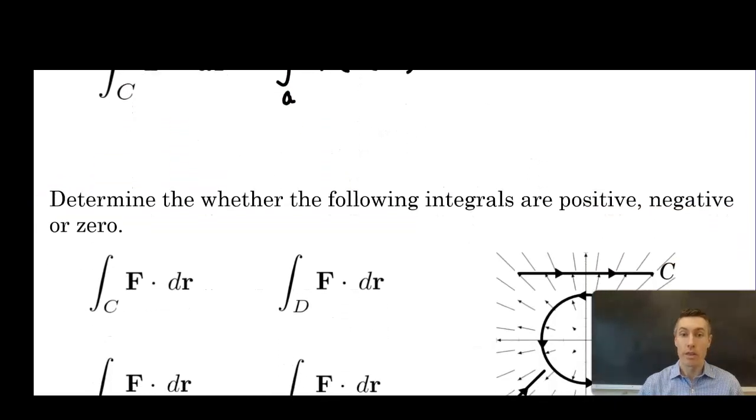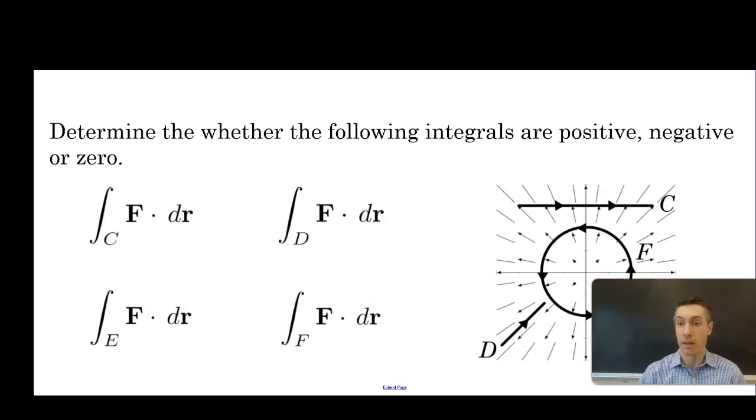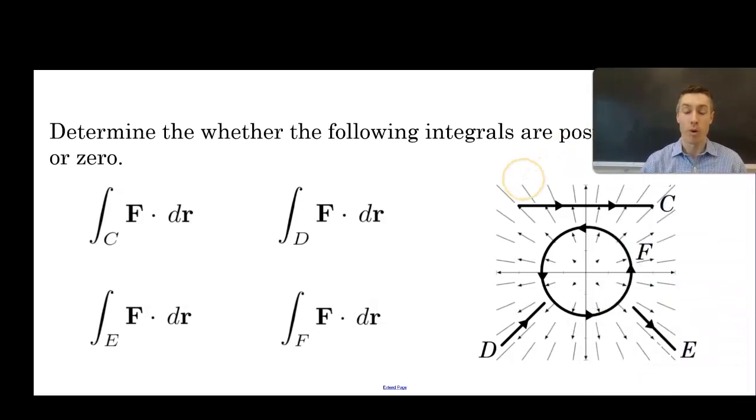Now, continuing on the theme of work, determine whether the following integrals are positive, negative, or zero. So really just emphasizing this idea that the integrals represent work. We have 4 different paths in this vector field, and we want to determine the sign of each integral, or if it's zero.